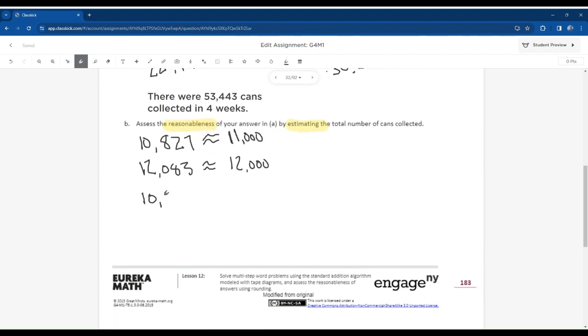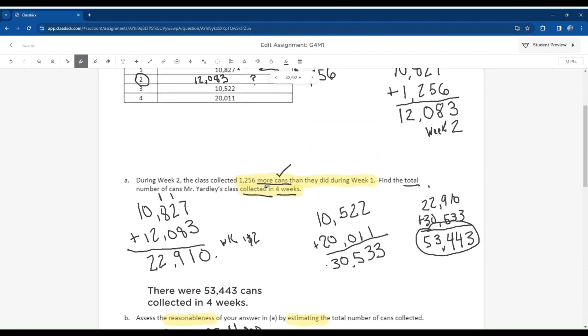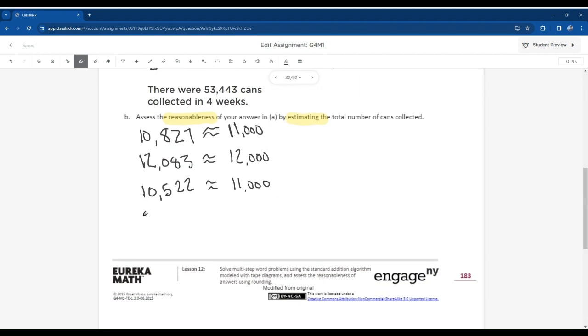10,522 would round to be about 11,000. And 20,011 would round to about 20,000.